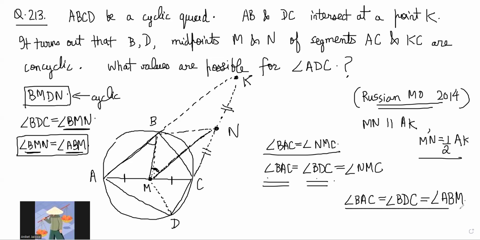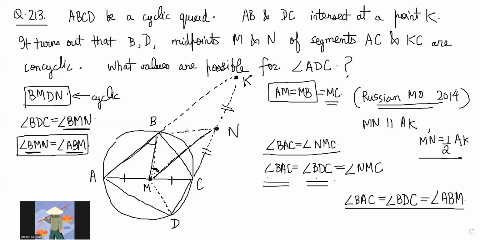So we are getting BAC is the same as ABM, which means it is an isosceles triangle, which means AM is equal to MB. And sir, which means also that angle ABC is 90 degrees. M is the center of the circle. AM is equal to MB is equal to MC, right?